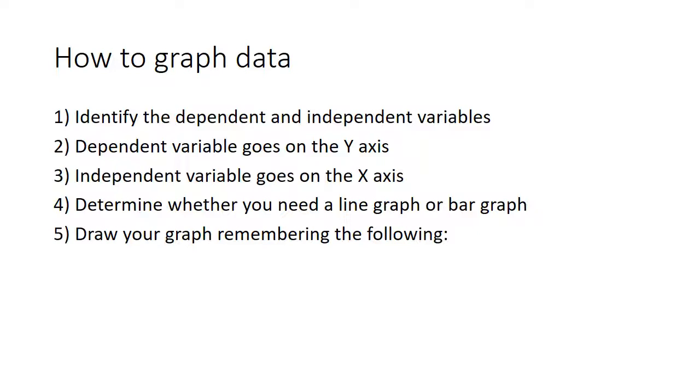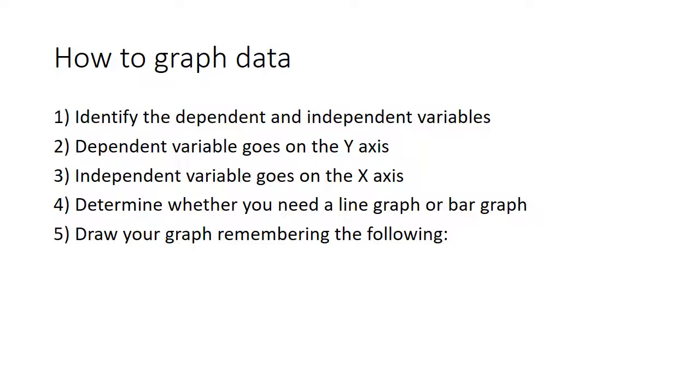a line graph. And then number 5, you need to draw your graph, and you need to remember a couple of things. Number 1, which one's the x and y axis? That's good. And then also you need to make sure that you have x and y axis titles. So tell me what is on the x-axis and what is on the y-axis.